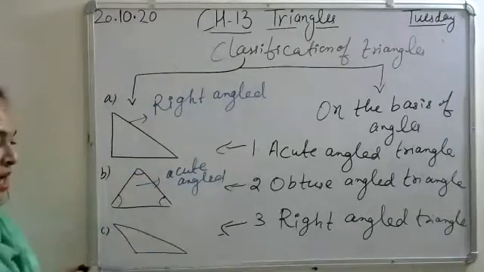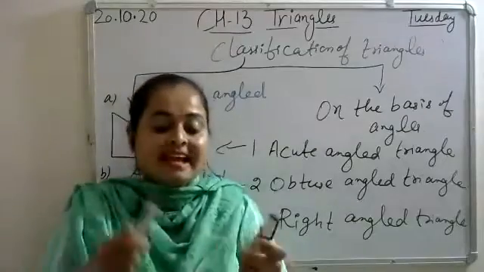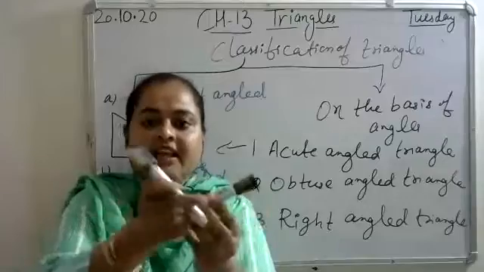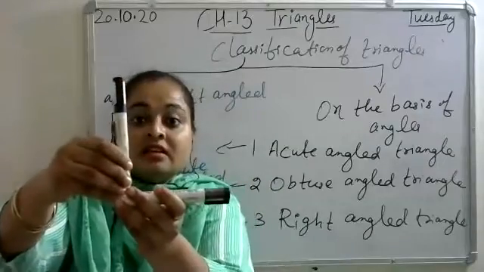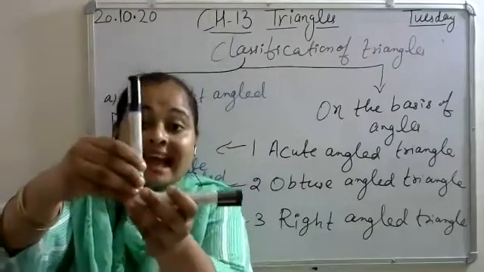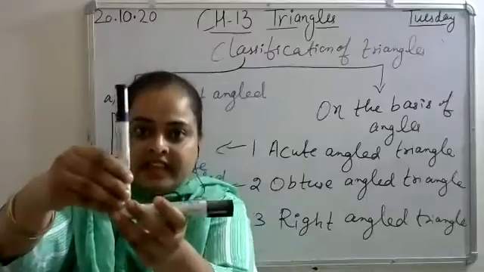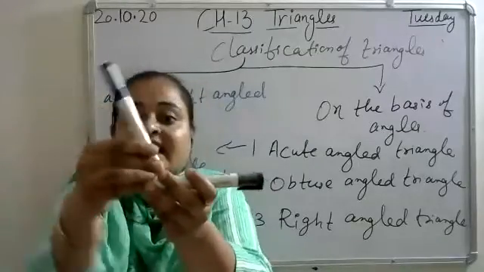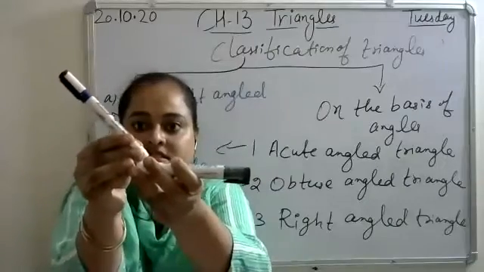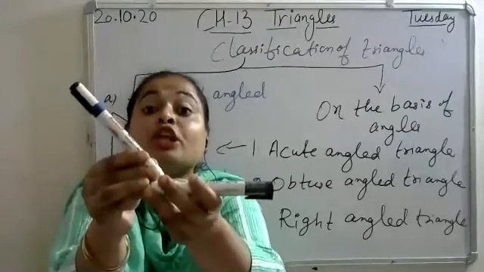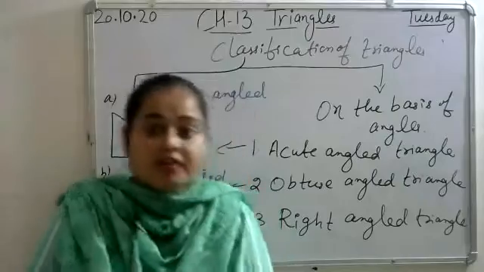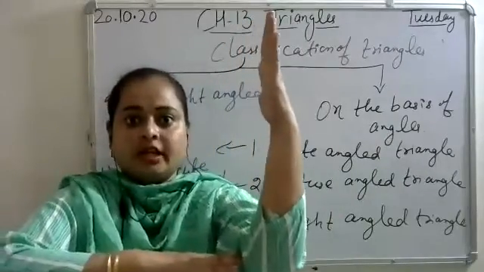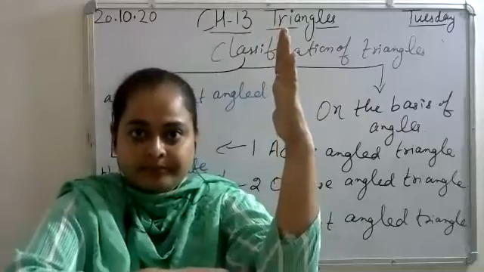So acute and obtuse like this. Greater than 90. This is 90. If L shape is 90, V shape is acute, and greater than 90 like this, this is obtuse. Whenever you will observe in the figure something like this, straight, it means 90 degree.